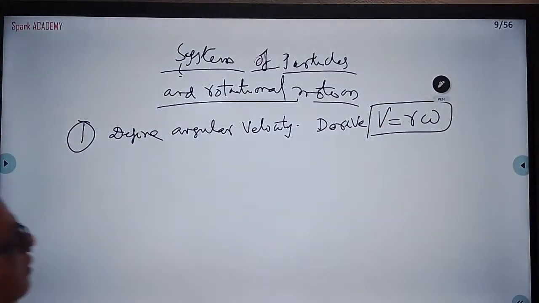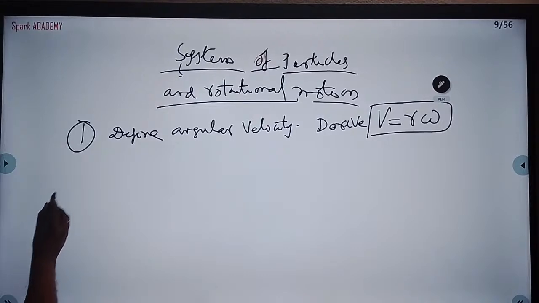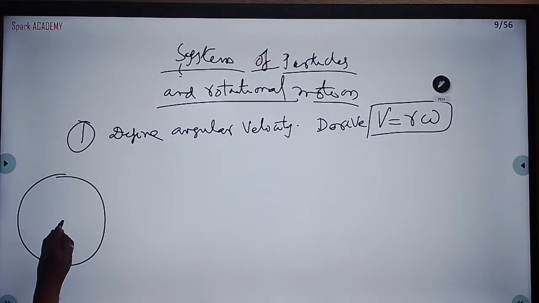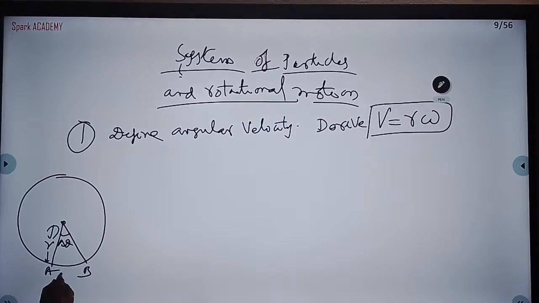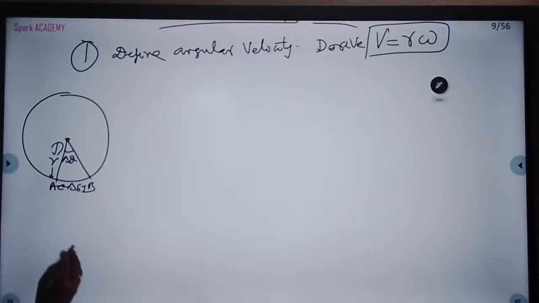So in circular motion, I am drawing a circle. If you take some arc length, this is delta theta. This is the radius. This is arc length A to B, equal to delta S here. This is called angular displacement.